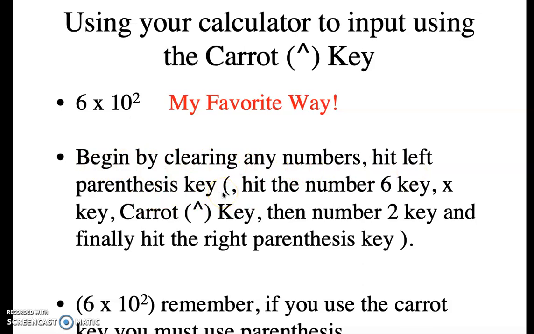You have to use parentheses in this case. Hit the number 6 key, the X key, caret key. The X key means multiply. The caret key puts it up in an exponent form. Then the number 2 key, which is your exponent. And finally hit the right parenthesis key. Then your number is going to be in parentheses, so you can put a multiply sign or division sign and then enter the next number. Something you might want to try.